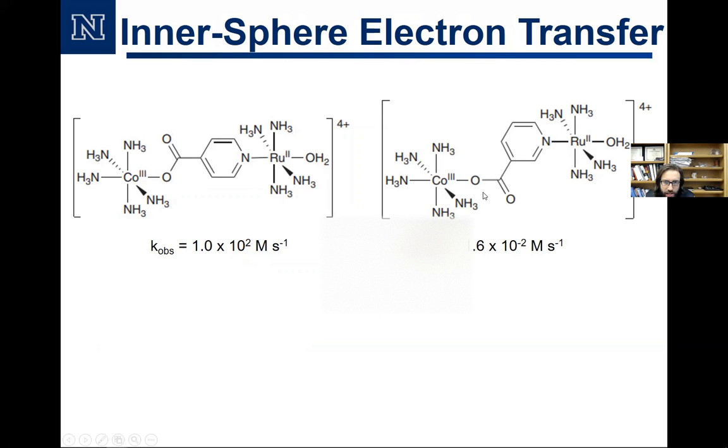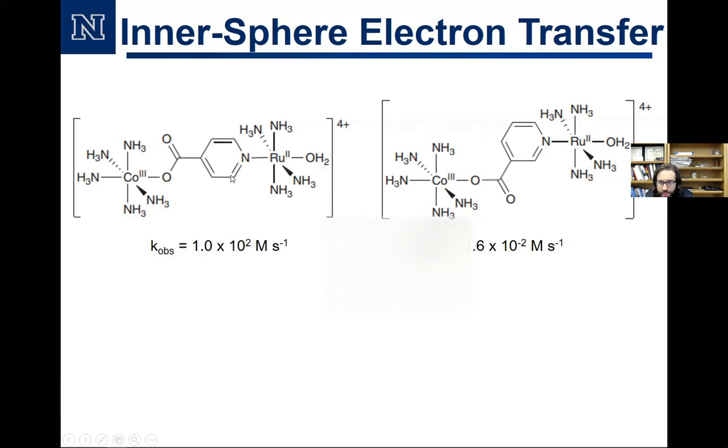What's interesting here is the positional substitution. This is a carboxylate derivatized pyridine ligand. Here the carboxylate is in the para position to the nitrogen on the pyridine, and here the carboxylate is in the meta position, okay? And you can see that for the meta position, the electron transfer between the cobalt and the ruthenium occurs much, much slower than in the para position.